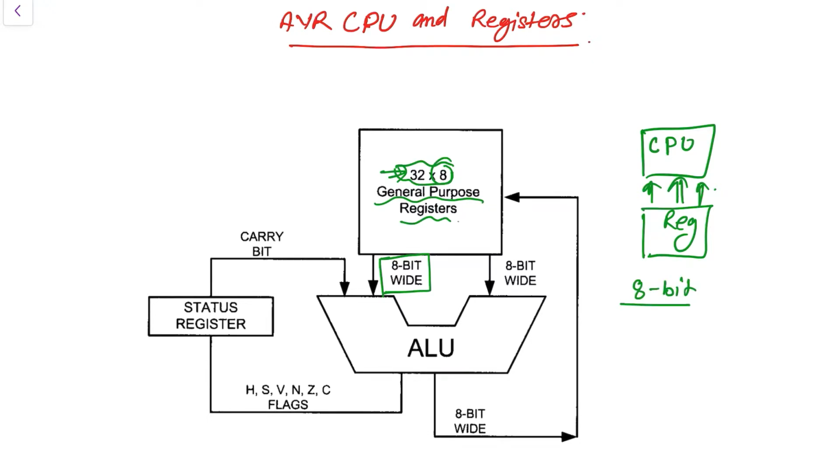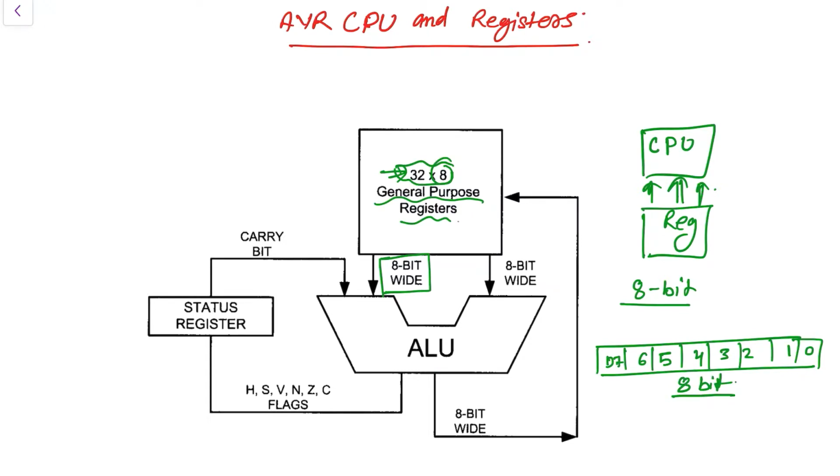The registers can be broken down into 8 bit parts: D7, D6, D5, D4, D3, D2, D1 and D0. That means the registers are 8 bits long.